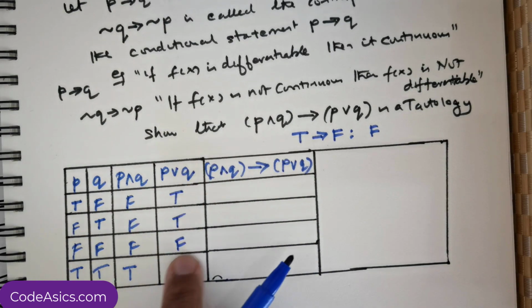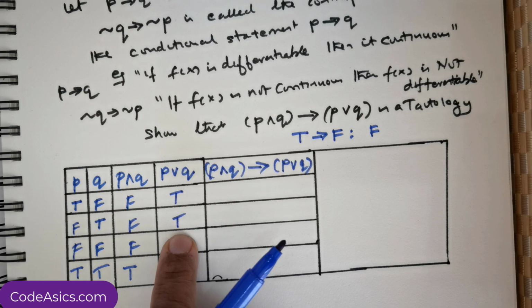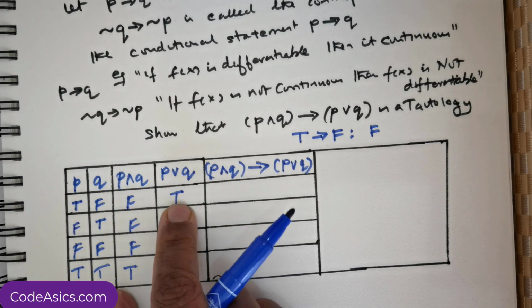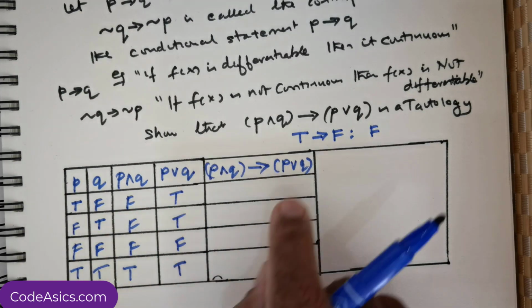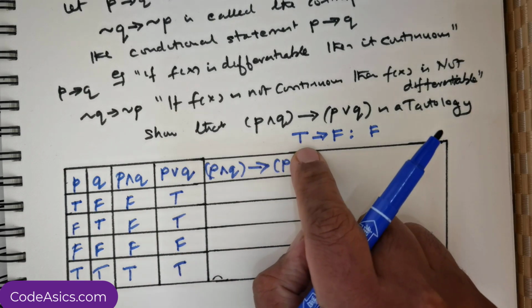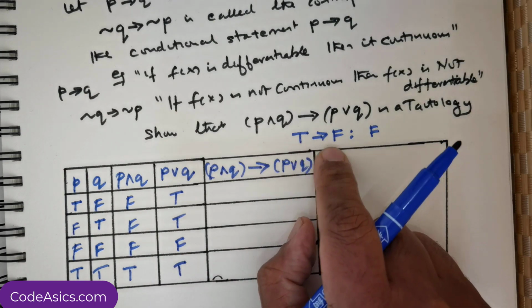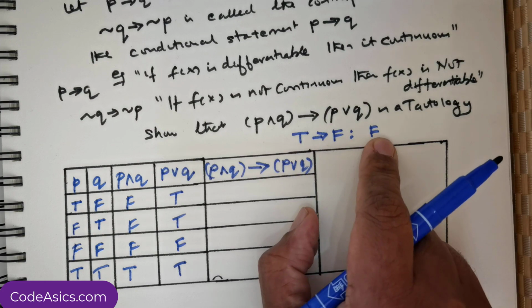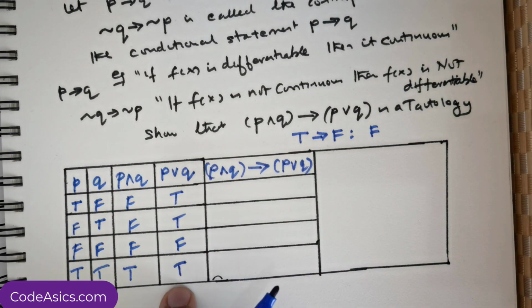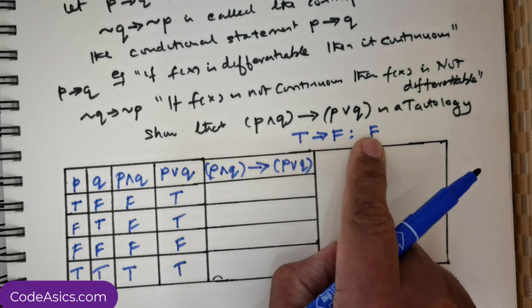Now we are going to be looking at the conditional, this versus this. So look for this hint which I've given you, or this tip which I've given you, T to F, the outcome is going to be F. So find out if you have anything in this fashion. No, you don't have T going to F at all.